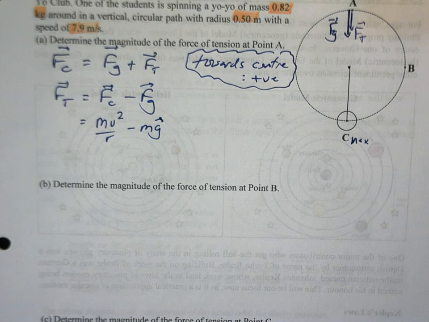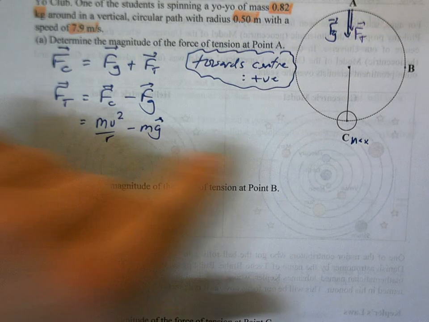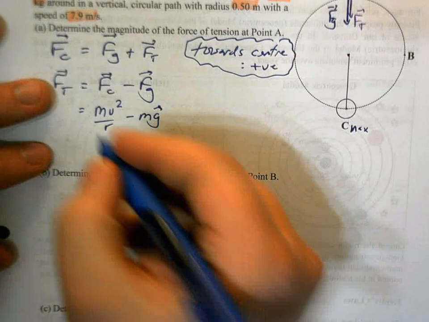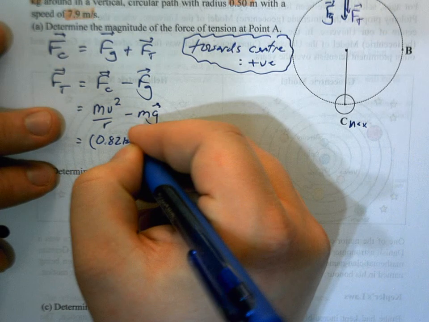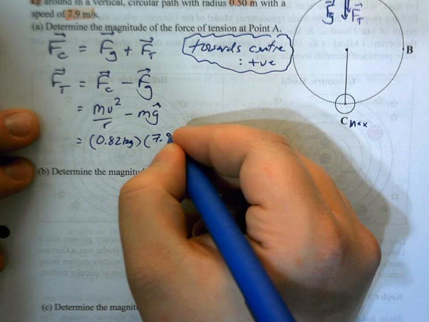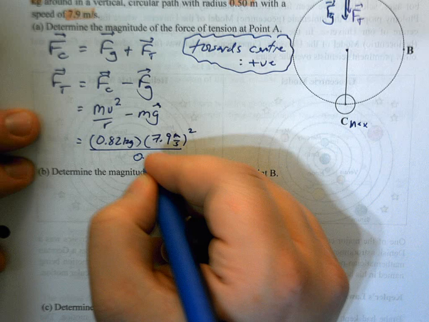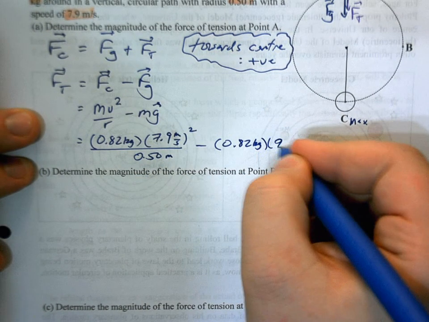As always, the centripetal force will be by default towards the center, so we will continue to call that positive. g is directed down, and it's towards the center of that circle, so we don't have to worry about negatives here. So we have that mass of 0.82 kilos, and v squared, we said v was 7.9 meters per second, and then the radius of 0.50 meters.